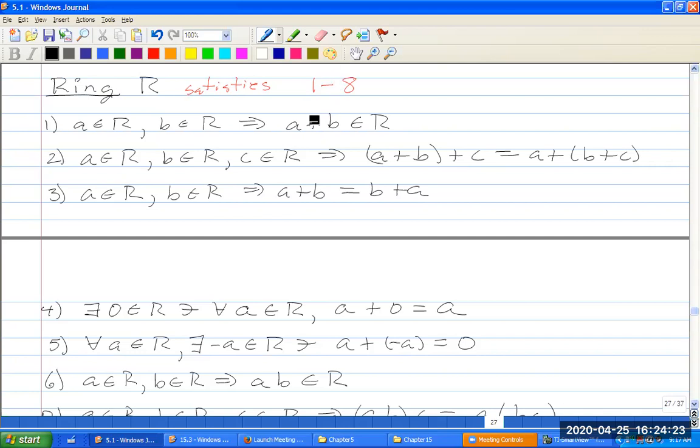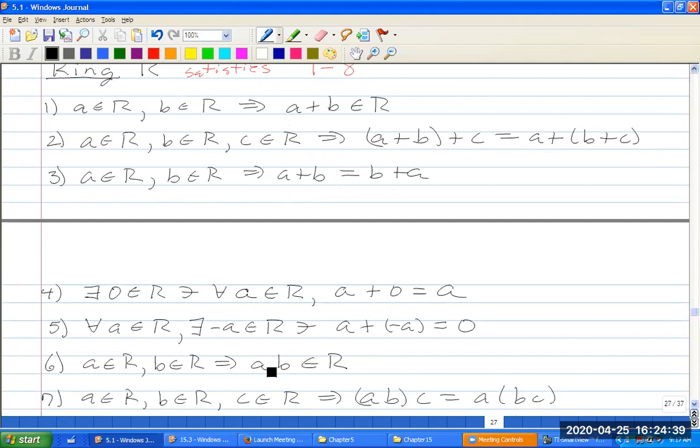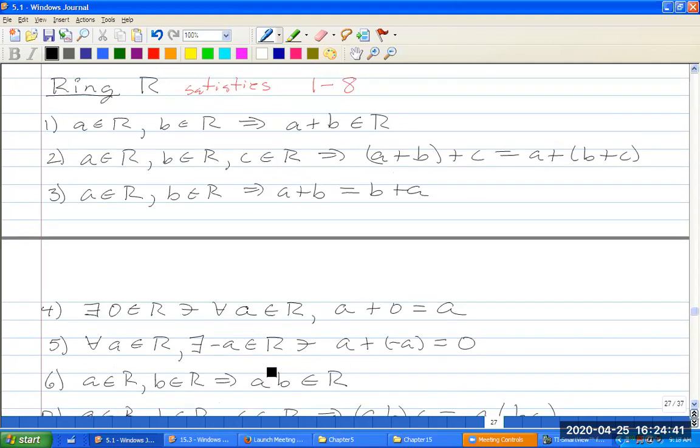I'll call it plus, which is an operation from the Cartesian product of the set R cross R to the set R, and multiplication, which again will be a function from the Cartesian product of R with itself to R, that satisfy the following.